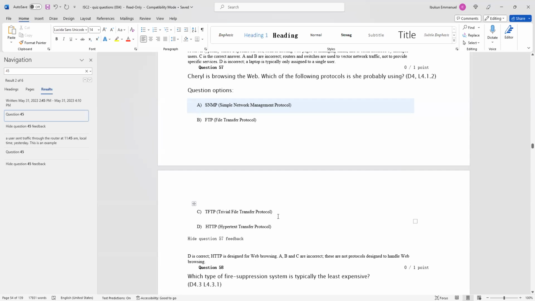Or is she using Trivial File Transfer Protocol, TFTP, which is again used to transfer documents? Or is she using HTTP? HTTP, of course, is what we use to browse the internet. What is the difference between HTTP and HTTPS, please?